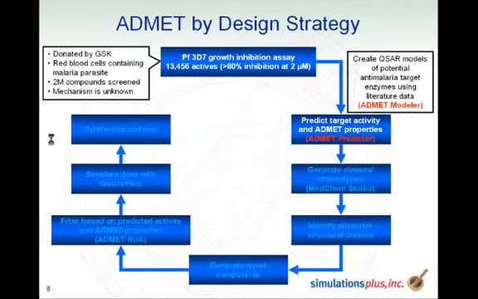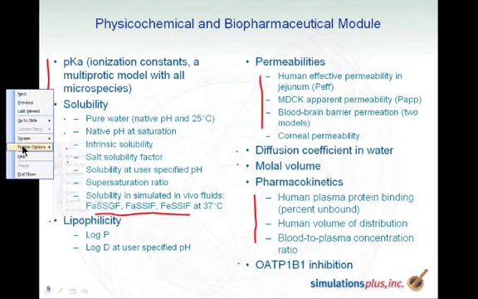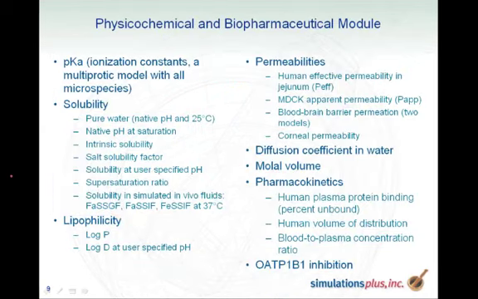The PEF model is, as you know, based on measured permeabilities in human. This database was obtained by Hans Lennernas and Gordon Amidon in the 1990s, and it's a small data set.